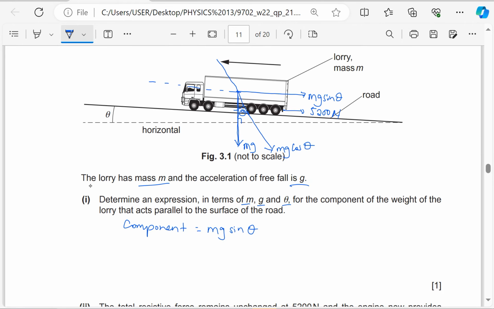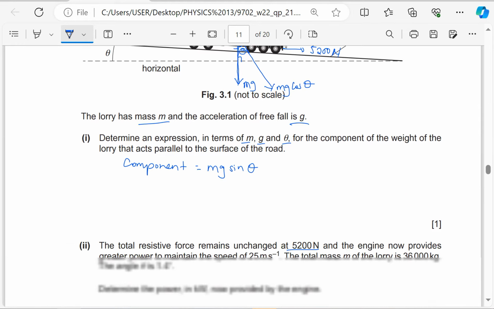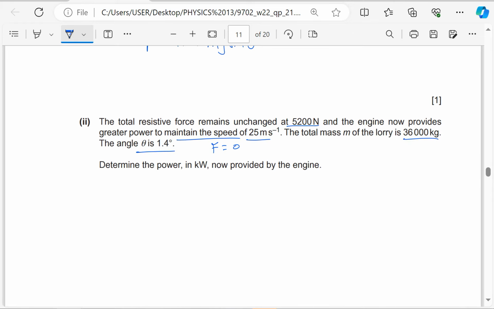So the driving force Fd for the engine should be equal to total forces downwards. So the driving force is going to be equal to mg sine theta downwards plus the friction, 5,200 newtons downwards. That is going to be the total driving force, which is 36,000 sine of 1.4 plus 5,200.